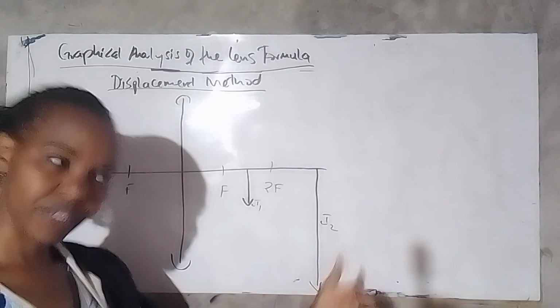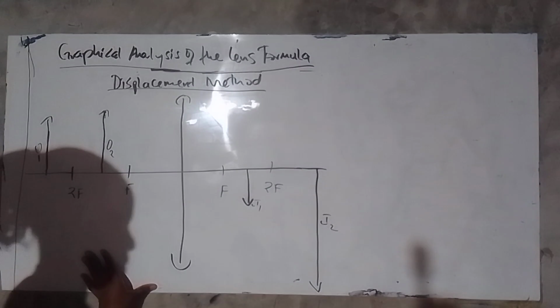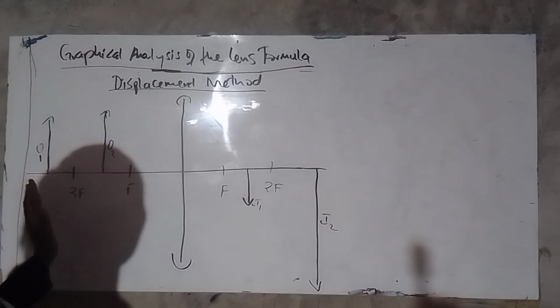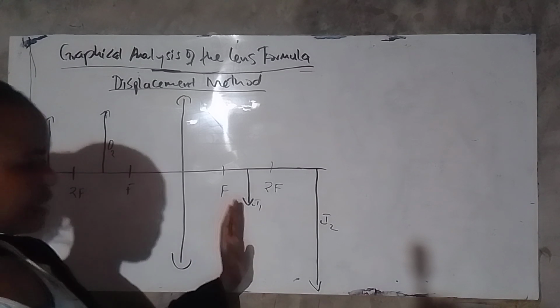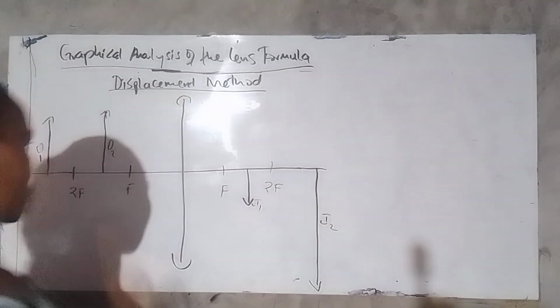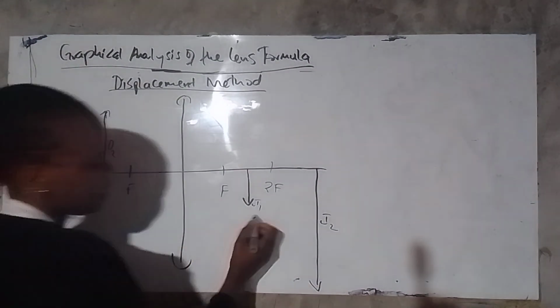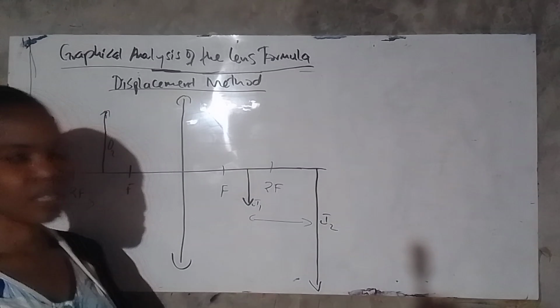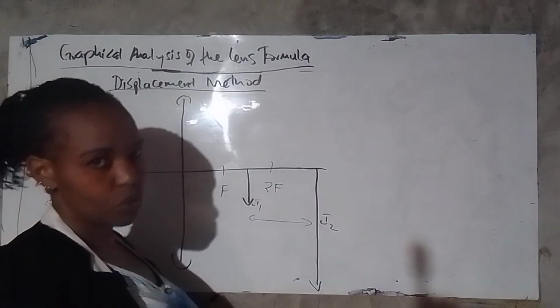It becomes magnified. Now, this is the principle of the displacement method. We move the lens, the object, from one point to another point, so that the image shifts from this point to this point. Now, if we measure this distance here, and that distance there, we find that the 2 distances are equal. So in the displacement method, that is what we do.